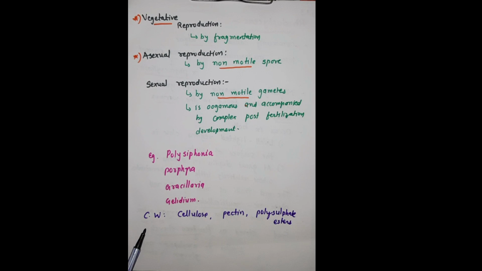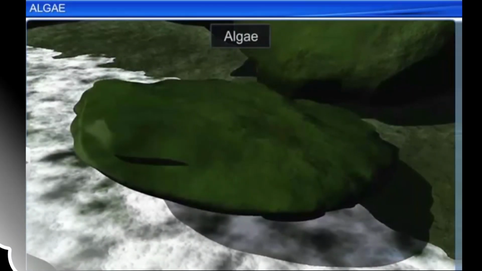Right? So most important, cell wall is made up of cellulose, pectin, polysulfate esters. Flagella absent. As we know, habitat is fresh water and even salt water, mostly salt water. Examples: Polysiphonia, Porphyra, Gracilaria.